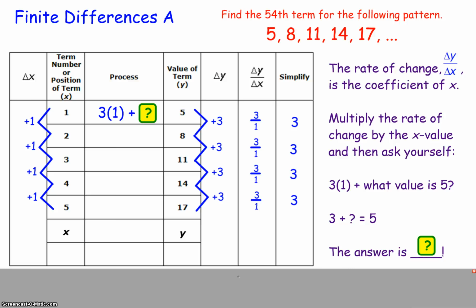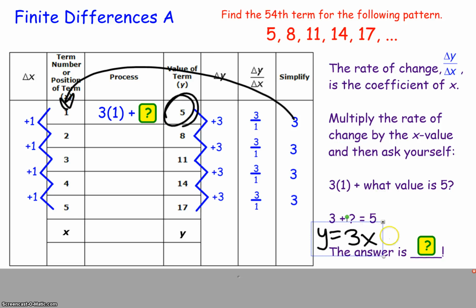In order to come up with the equation, we know we need y equals, and then we have 3x, but we need to figure out what the rest is. So 3 times 1 got you to what? 3. But I know I need 5, so 3 plus what equals 5? And the answer is 2.